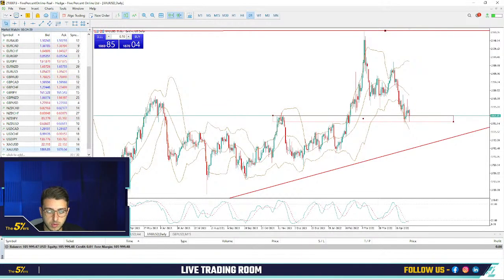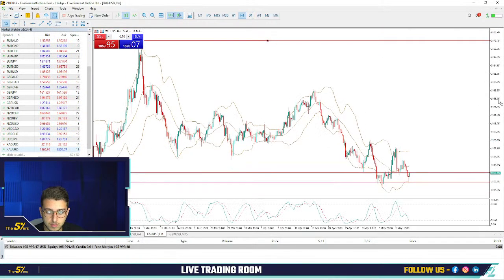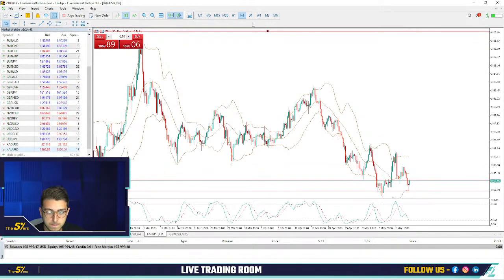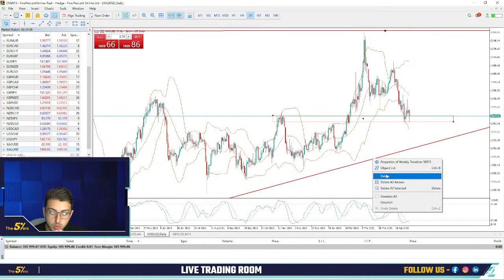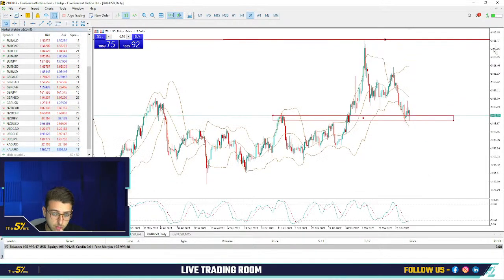This was the top that we expected, and we actually made the retest. So this is for me one of the main interesting things I would be looking for this week: gold and silver as well.